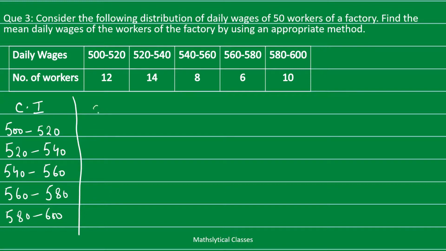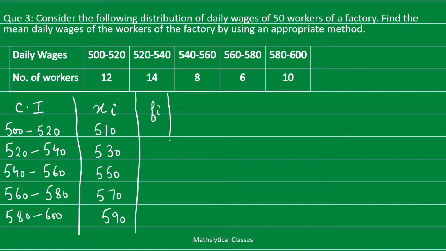Then find out the midpoint of these class intervals. So midpoints here you can see 510, 530, then 550, then 570, then 590. And frequencies are given. So write down fi: 12, 14, 8, 6 and 10.